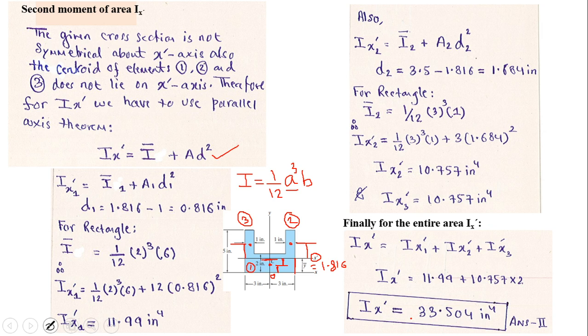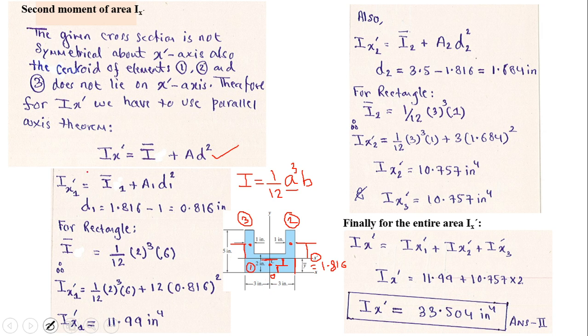So this gives us 33.504 inch^4. So the second moment of area for this entire cross section about the x dash axis comes out to be 33.504.